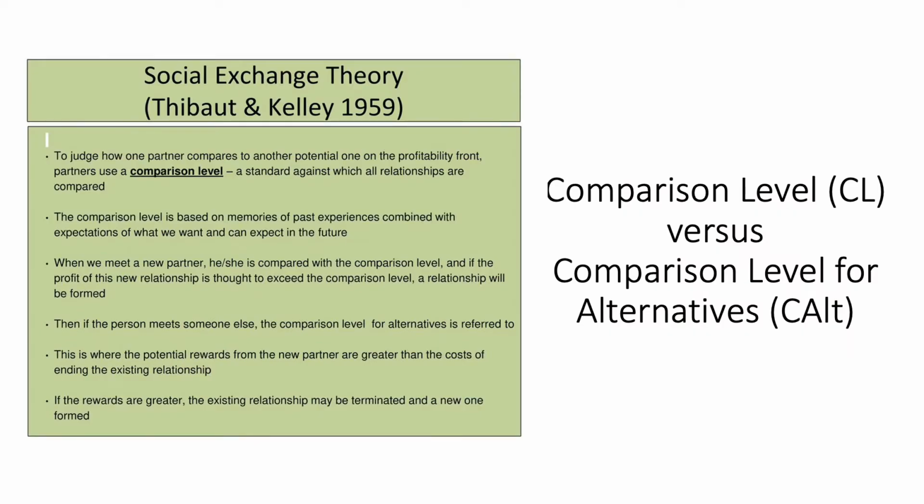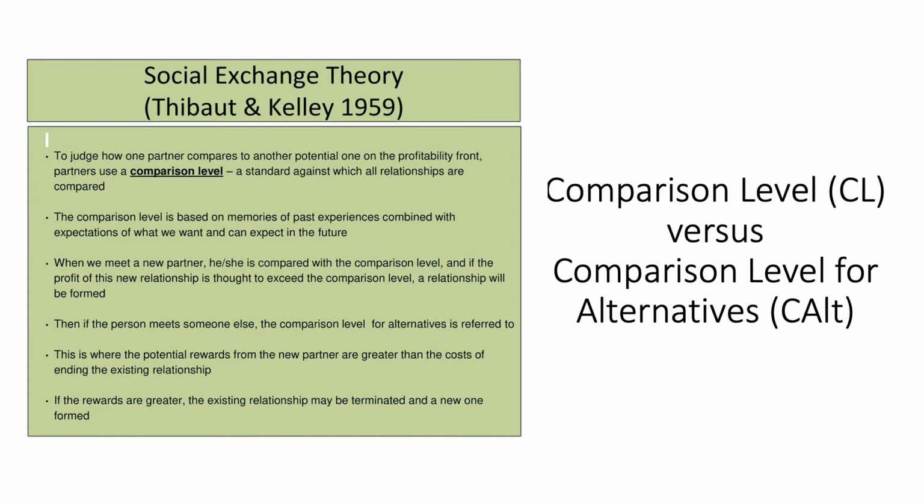A popular alternative to the Homans social exchange theory was proposed by two researchers named Thibaut and Kelley in 1959. Like Homans, Thibaut and Kelley believe that we form relationships with other people based on whether our rewards outweigh the costs. And according to them, we look at something called the comparison level.